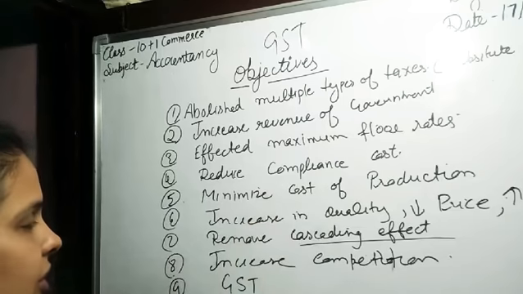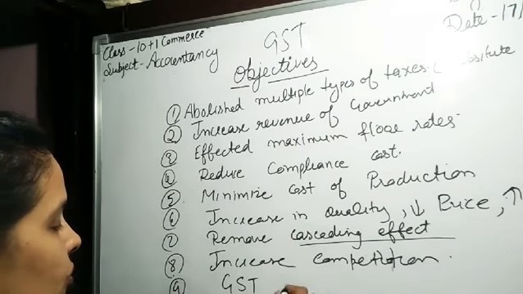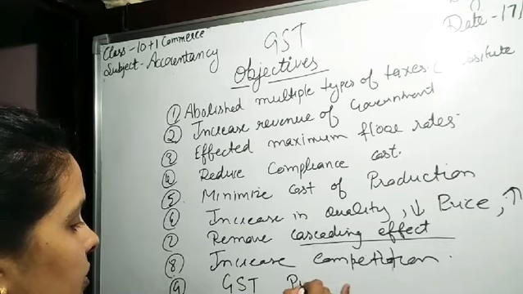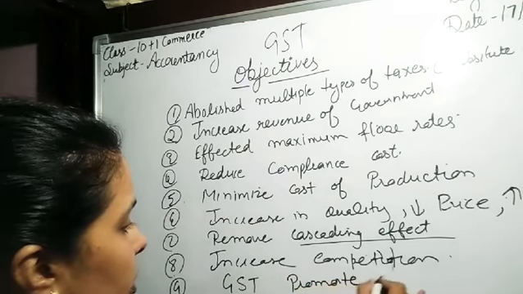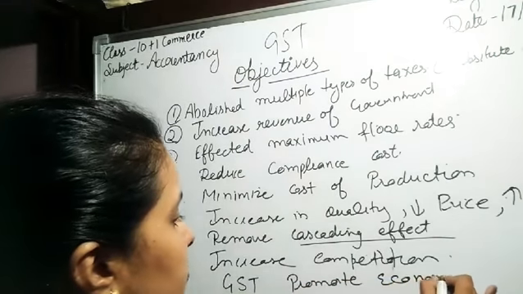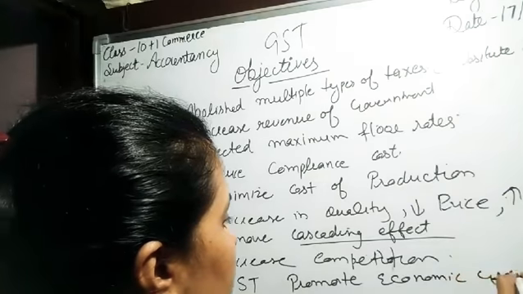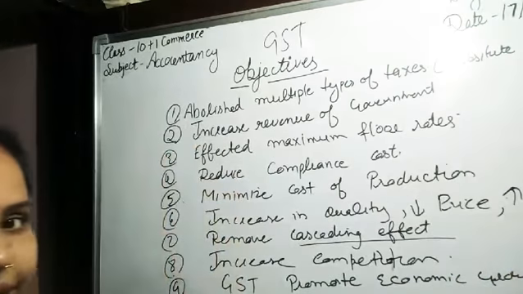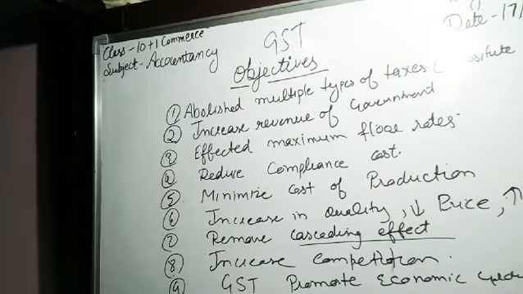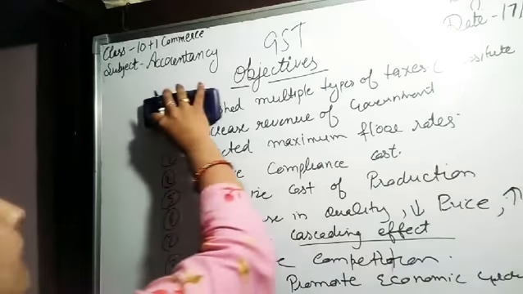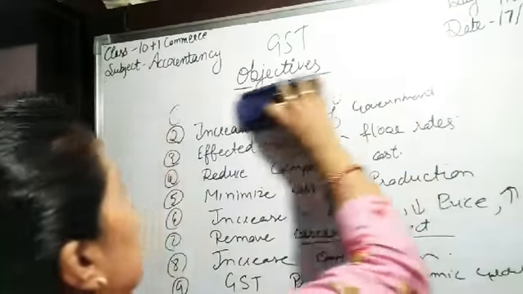The objective why GST came into existence is to promote economic growth of the country, because through GST the inflation is also controlled. When inflation is controlled, it affects the economic growth of the country.